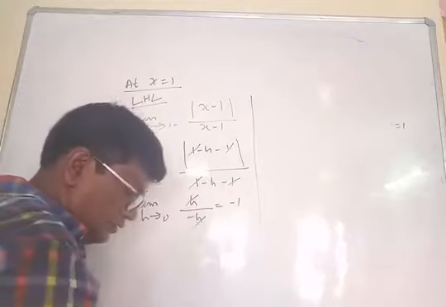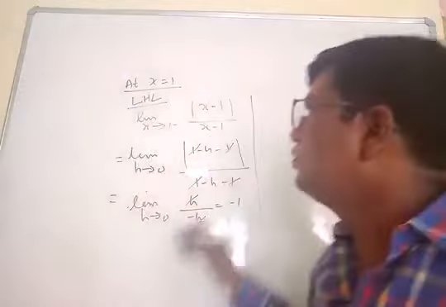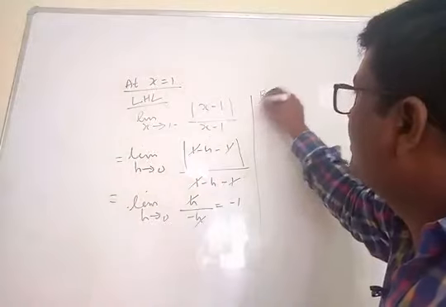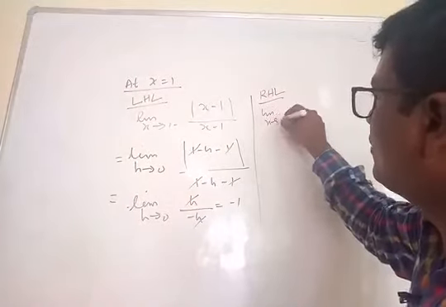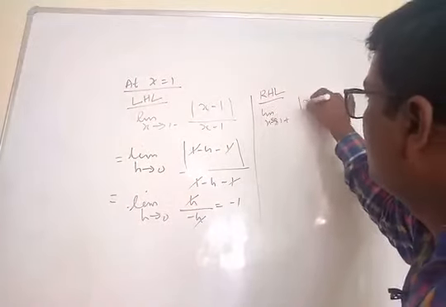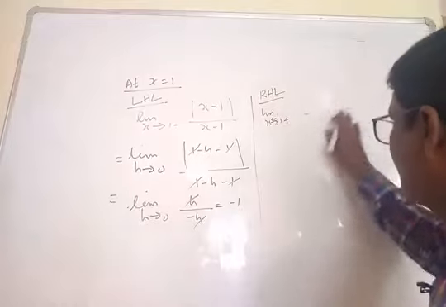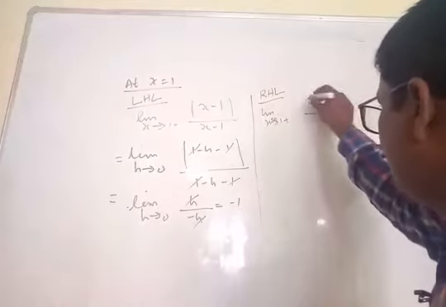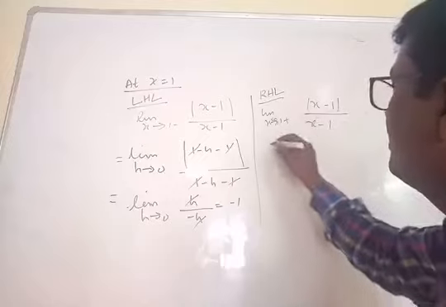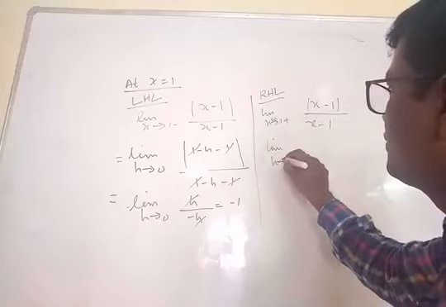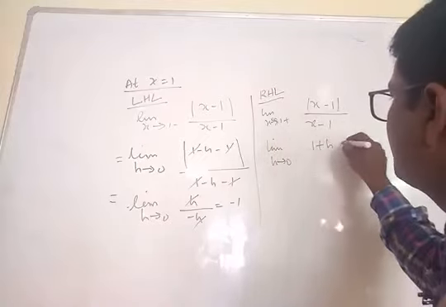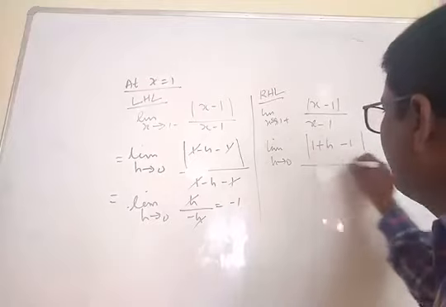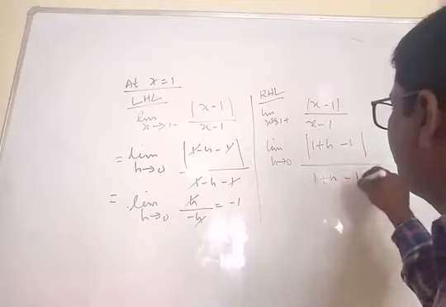Again RHL is equal to limit x tends to 1 plus of mod of x minus 1 by x minus 1. So limit h tends to 0 of mod of 1 plus h minus 1 divided by 1 plus h minus 1.